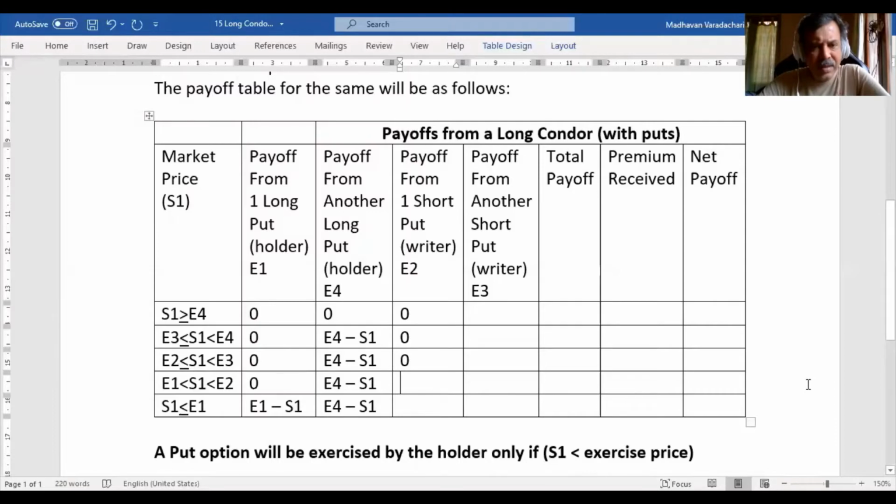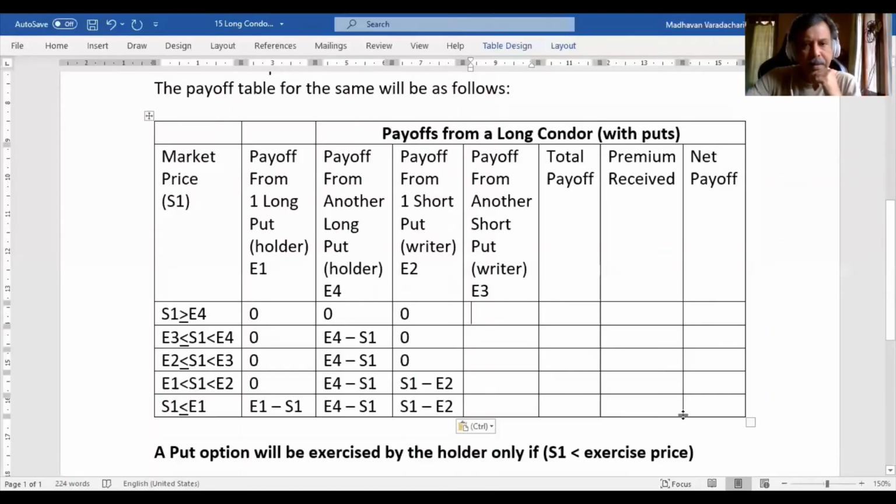Here I am going to write mine, so it will be S1 minus E2. The last one, S1 is lesser than the least exercise price. That means it will be lesser than E2 also. So my profit will be S1 minus E2, or my loss, whatever it may be.